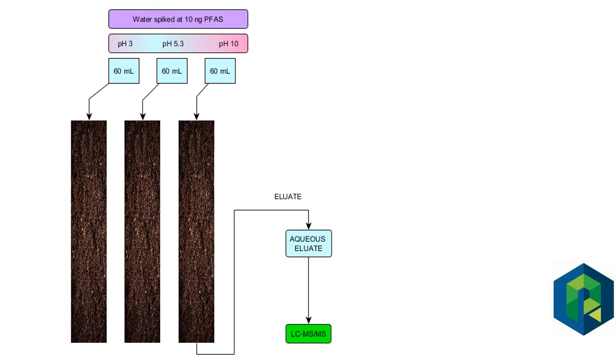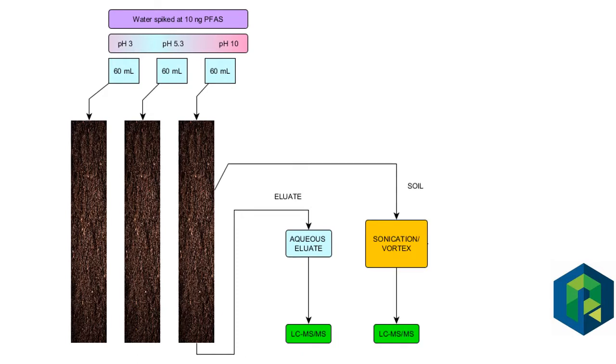So the idea was we would then take the soil that had been rinsed through with water and subject it to sonication, and then analyze the extract from that sonication with LCMS.